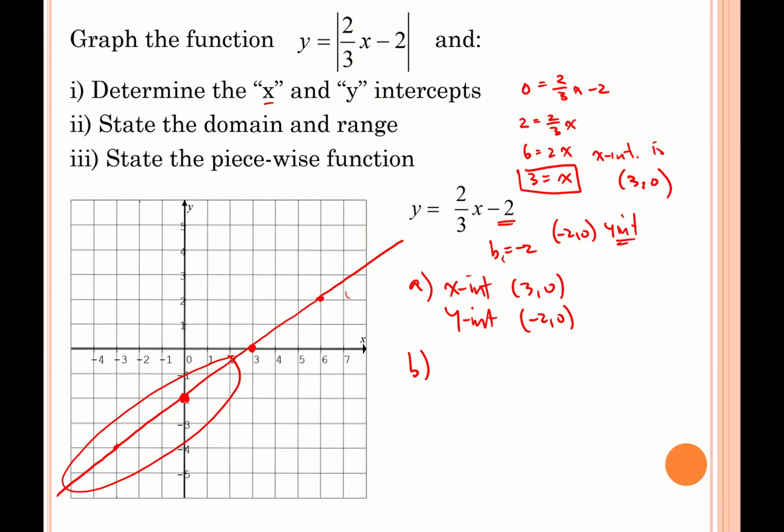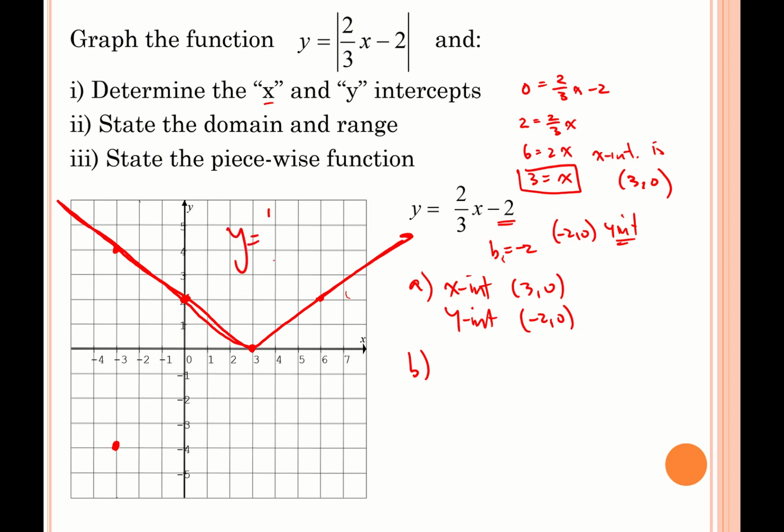This point over here, which is (-3, -4), becomes (-3, 4). So here is your absolute value graph. This V-shaped graph is the graph of y is equal to the absolute value of 2/3x minus 2.